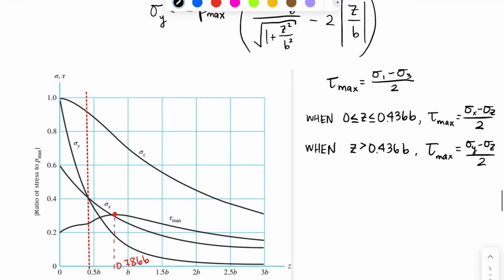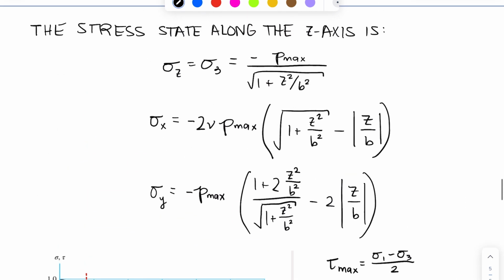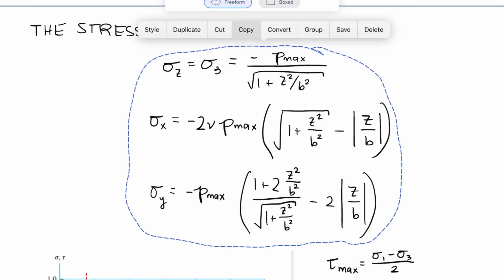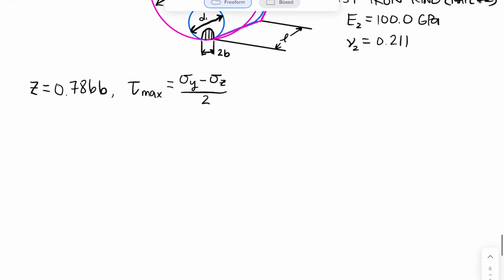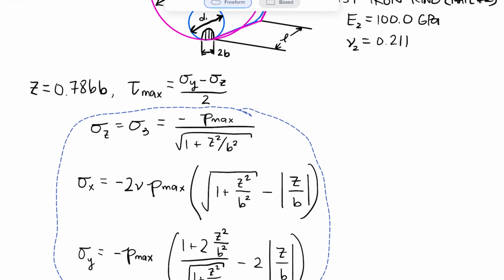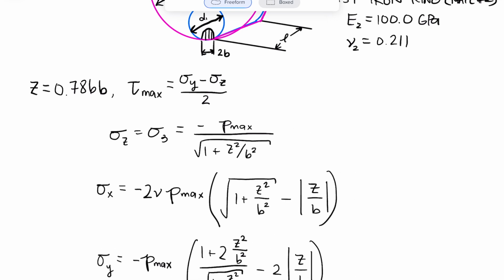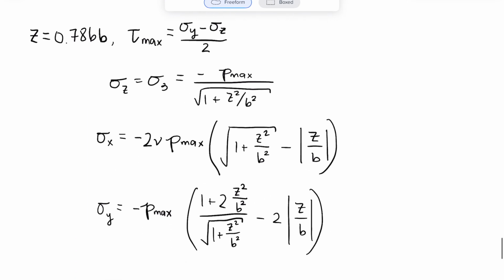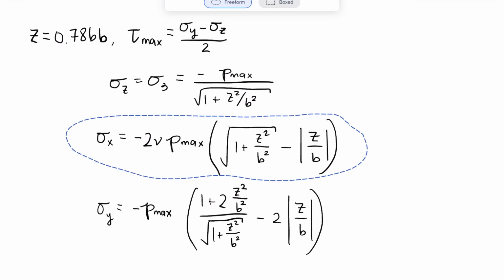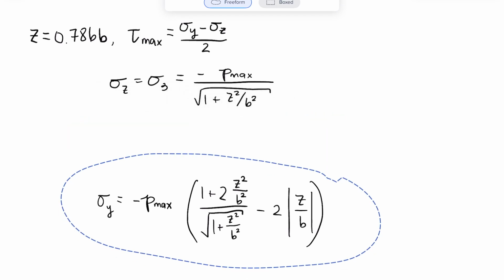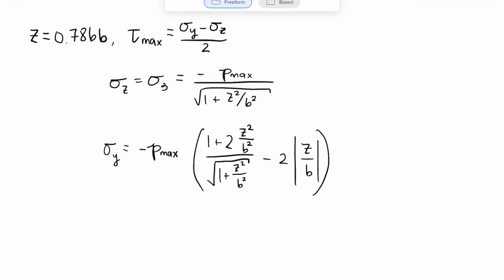When we take these equations up here, which I'm just going to copy and paste down below, because we're going to need them. So we need sigma z and sigma y. We do not need sigma x. Okay, and in these equations we also see that the maximum contact pressure shows up, so we're going to need that too.